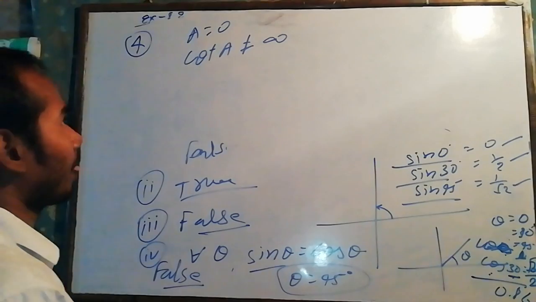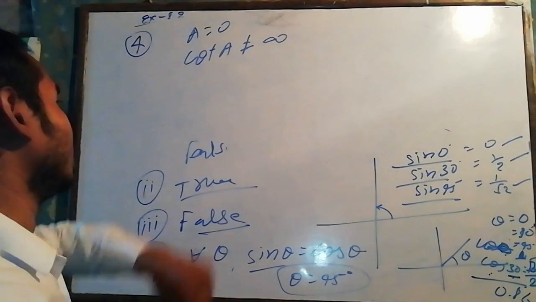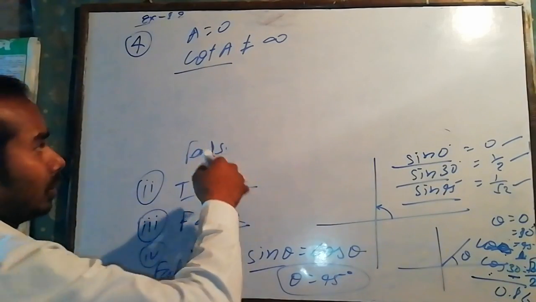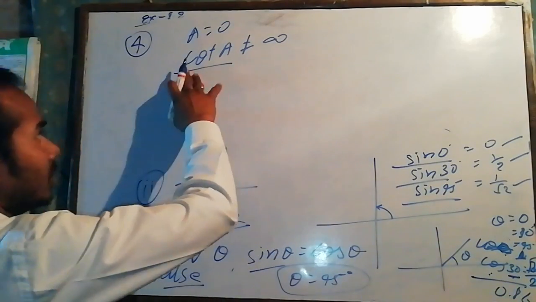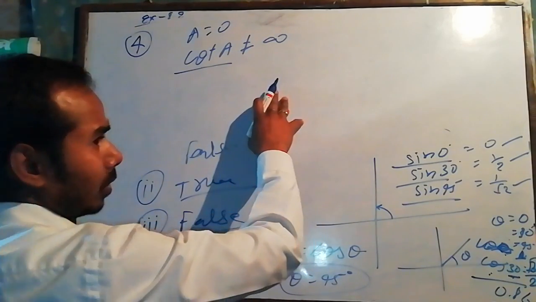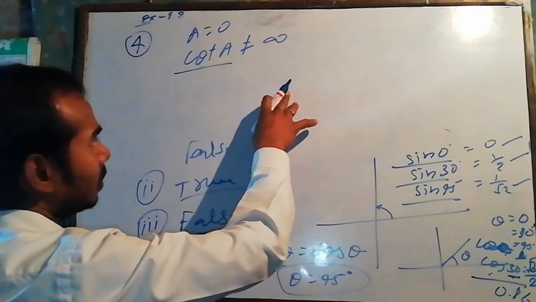It is saying at A equals 0, cot A is not defined. Yes, tan 0 equals 0.